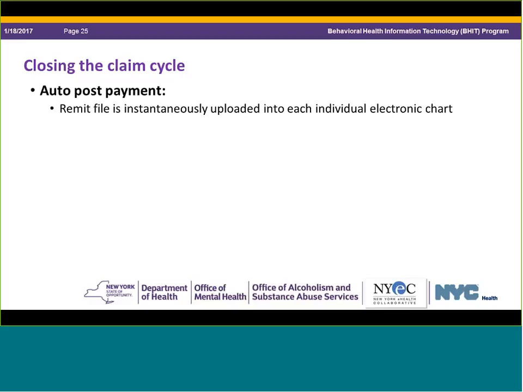The software has an area called auto posting, where with one click of the button, if you have one member with a payment, it will automatically get posted to their electronic chart. If you have 10 members, automatically. If you have 50 members, automatically. Within seconds, this will get entered into their electronic chart.